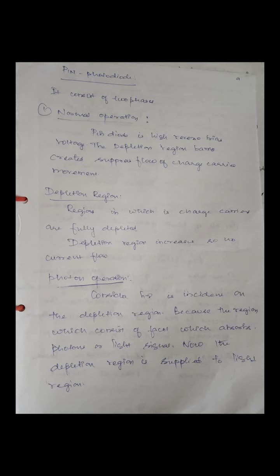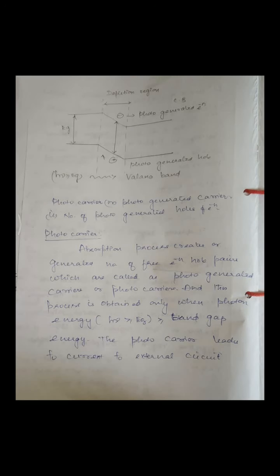This is the normal biasing condition. And the second one, after a photon of energy h mu is incident on the depletion region, what happens? This is the second phase. Because of the second phase, we have its corresponding electrical signal.